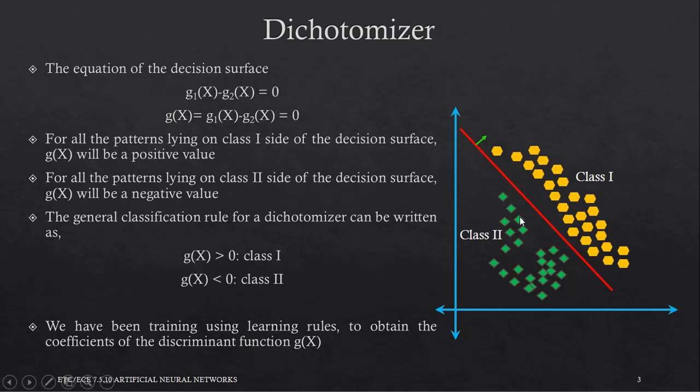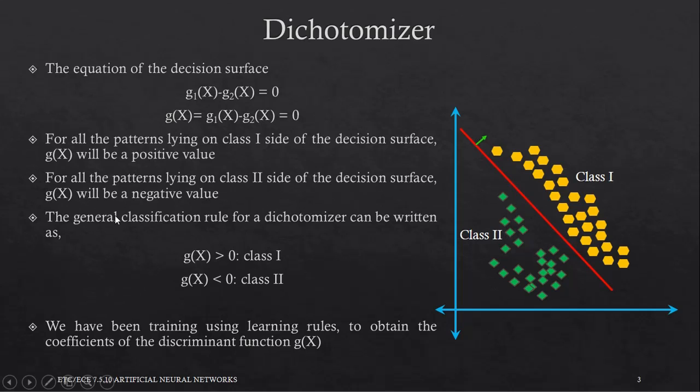On the other hand, for all the patterns lying on class 2 side of the decision surface, g2 of x will be greater than g1 of x, which means according to this equation, g of x will be a negative value. G of x will be less than 0. This is what we've been doing all of this while obtaining the equation for the line to design neural networks.